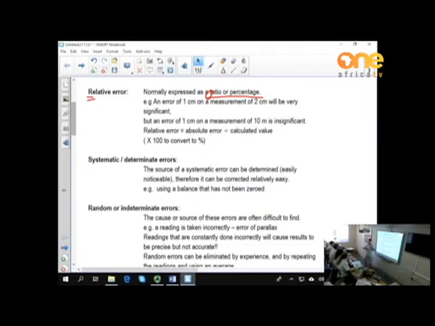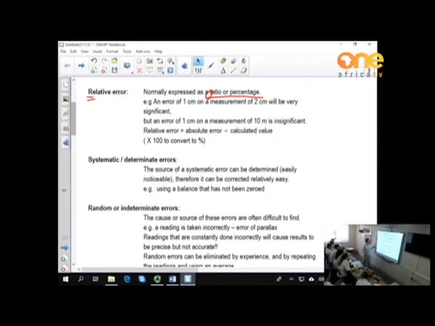Now, the percentage error on the rubber is going to be quite large. You follow me? Because being out 1 millimeter on 15 millimeters is quite a large error. But being out 1 millimeter on 400 millimeters, it's so small, it's actually negligibly small. Do you understand?